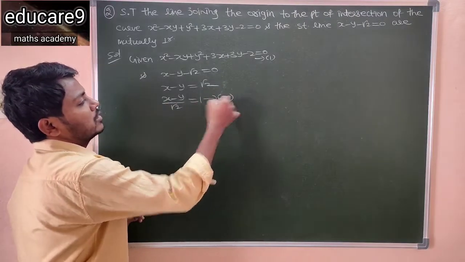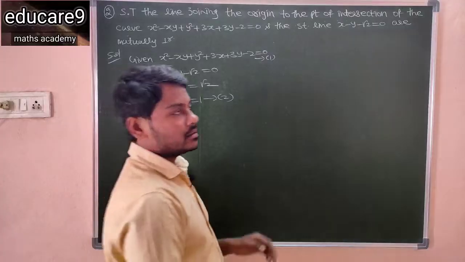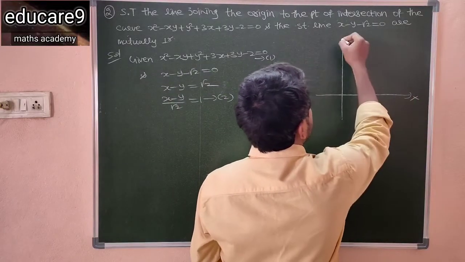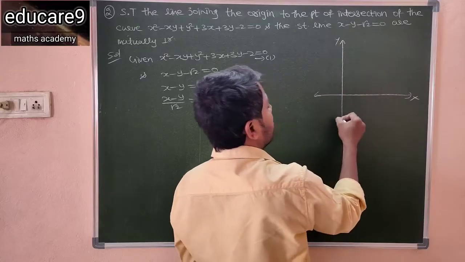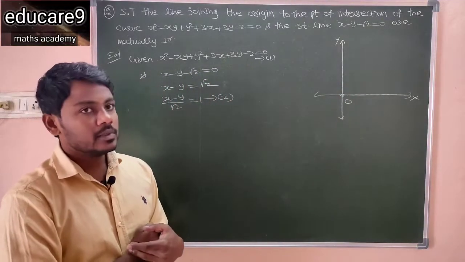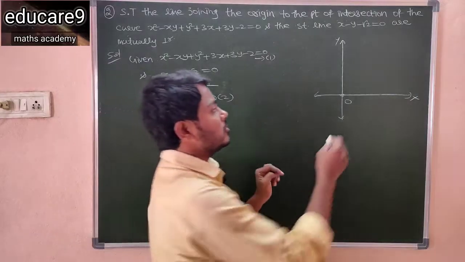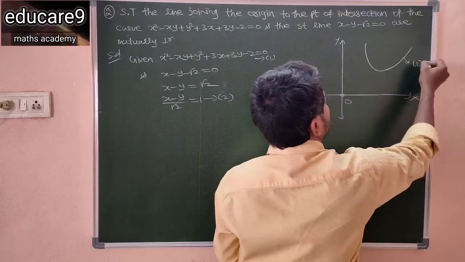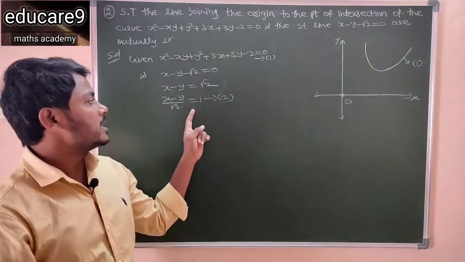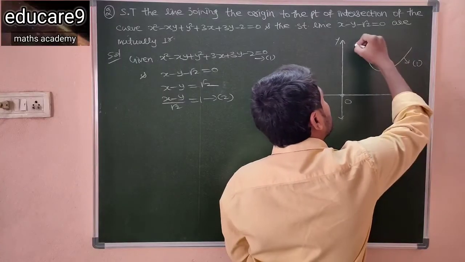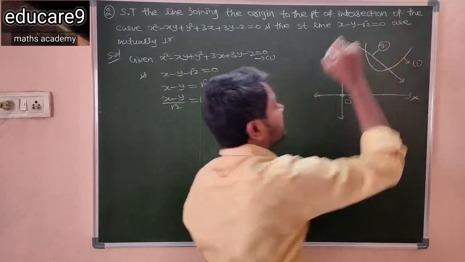This is equation 2. So see here, consider the coordinate axes, this is the x and y axis, and the point of intersection of the axes is the origin. Now, suppose this is any curve, equation 1, and this is any line, equation 2.